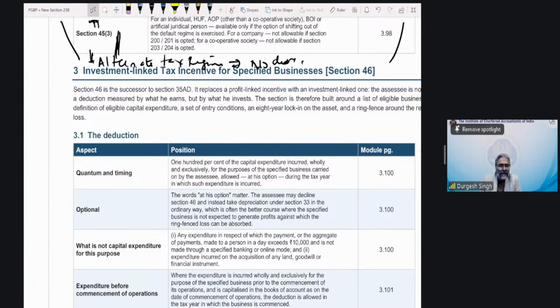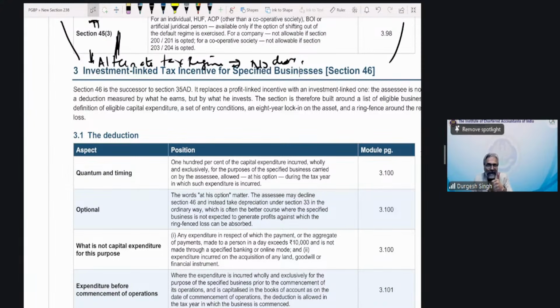Let's have a look, students, at the quantum of deduction. You are all aware that there is a specified business. Of that specified business, there is specified capital expenditure, the eligible capital expenditure. That eligible capital expenditure will be eligible for 100% deduction. That is what the section is all about.